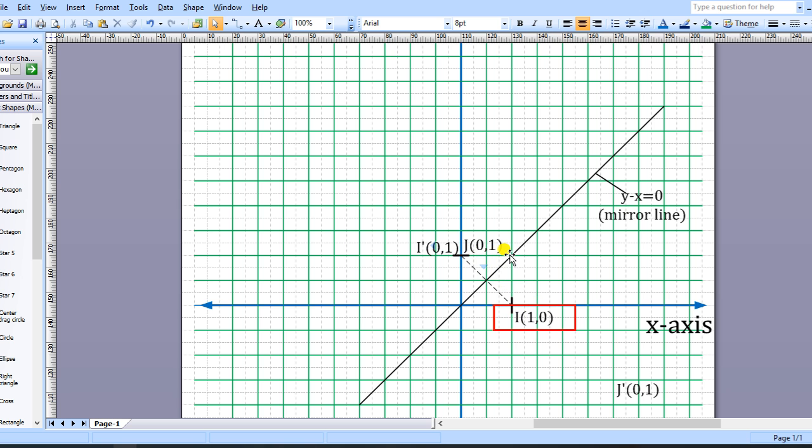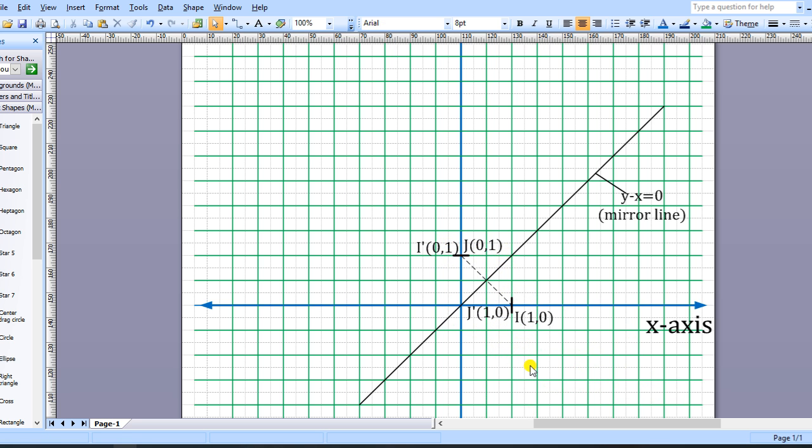When I reach the mirror line, I stop, then count downwards, 1, 2. So the image of J, which is going to be called J prime, is at (1, 0). So you realize that J prime is (1, 0) and I prime is (0, 1).